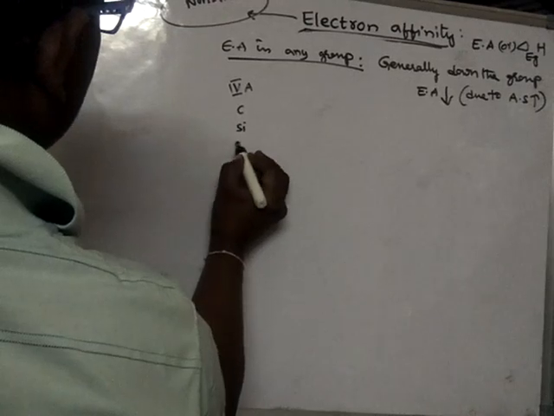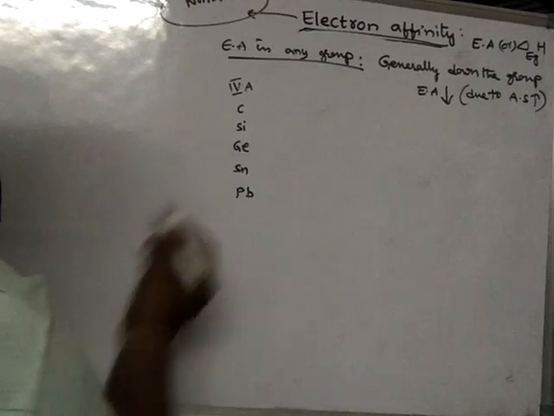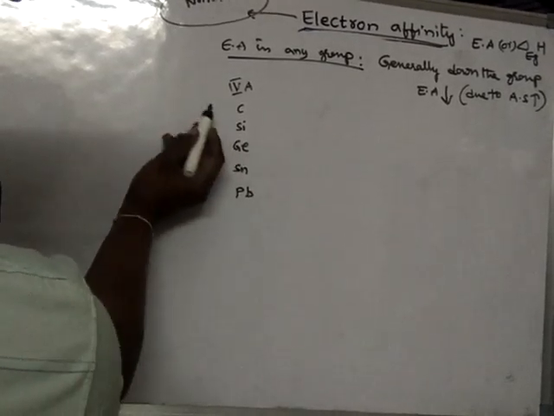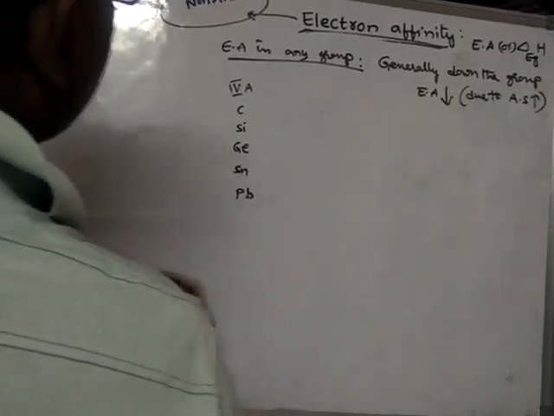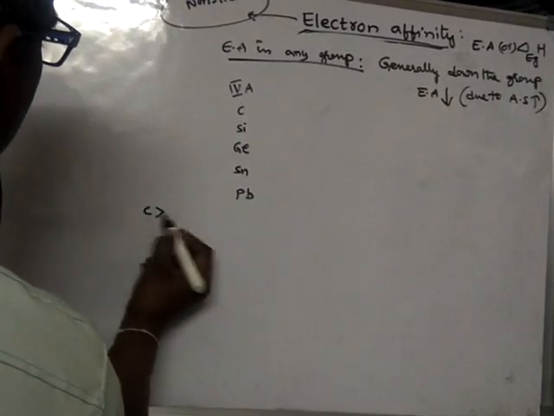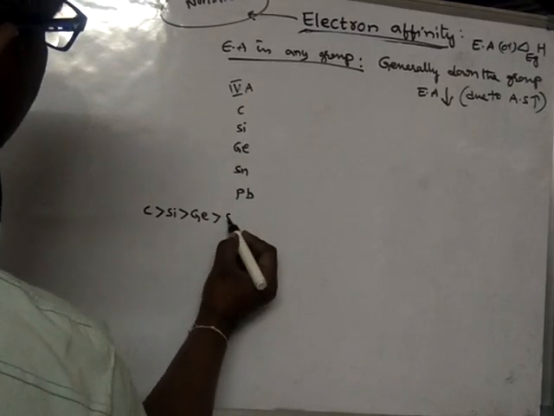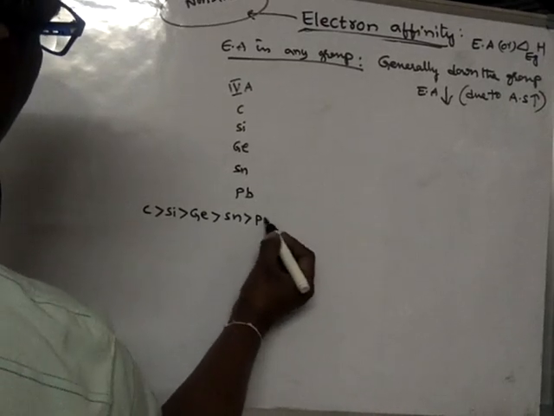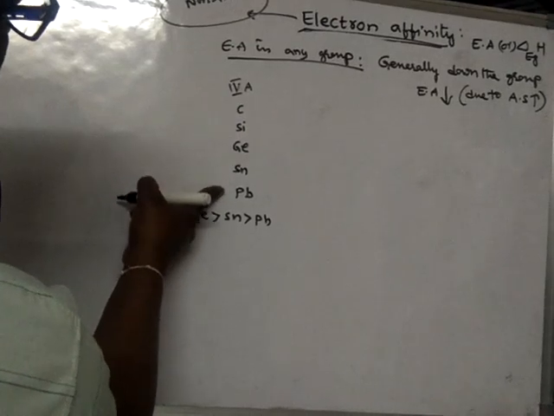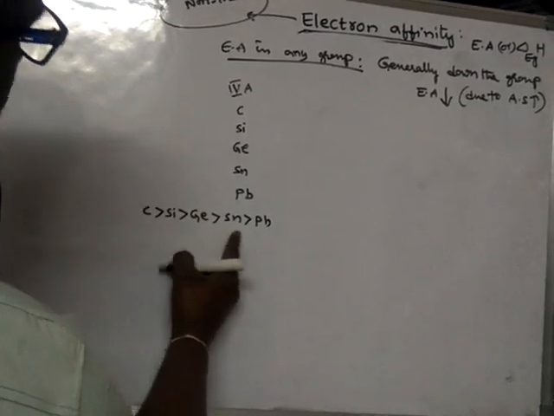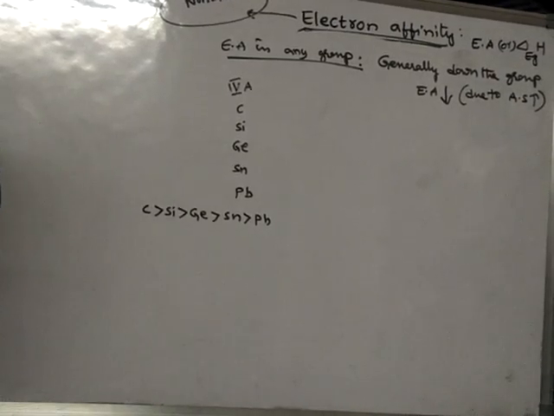Carbon, silicon, germanium, tin, lead. So what should happen? Down the group electron affinity decreases, so carbon should possess more electron affinity than silicon, and more than germanium, and so on. As we move down the group from carbon to silicon up to lead, electron affinity should decrease. But something is happening.